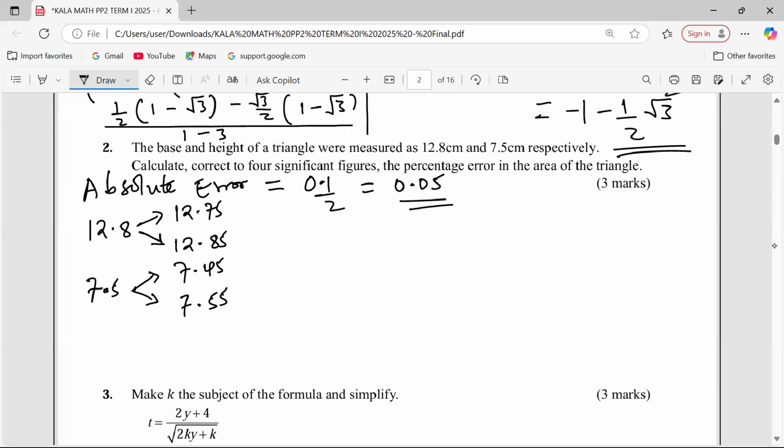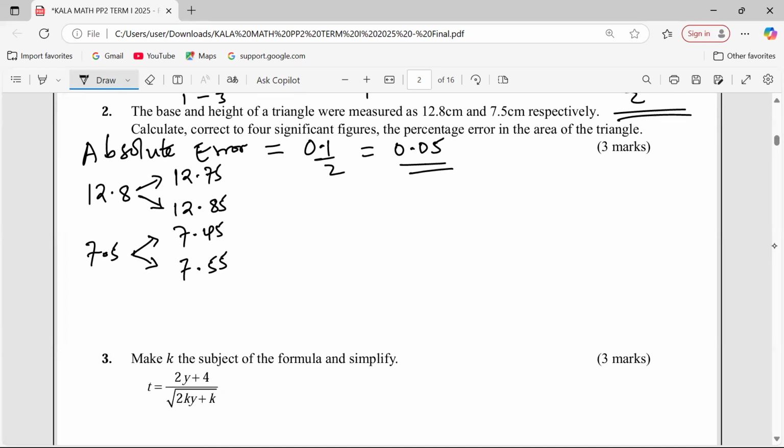Now, we're calculating the percentage error, and we have to begin with maximum area, minimum area, then the working area. So let's get area maximum. Area maximum will be given by the upper limits multiplied. So 12.85 multiplied by 7.55, that will give us the maximum area.